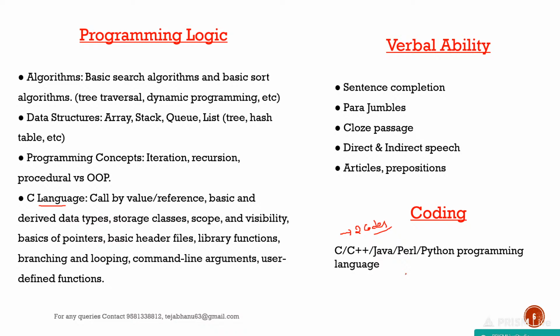That is C, C++, Java, Perl, Python programming languages. Whatever programming language you can prefer among these. I hope it's clear. Okay, these are the different things involved in this TCS NQT written test, the exam pattern and the topics covered under the different areas.